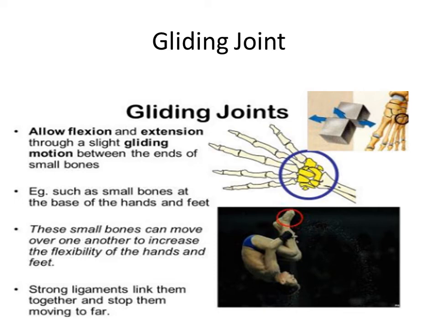These small bones can move over one another to increase the flexibility of the hands and feet. Strong ligaments link them together and stop them from moving too far. And here you have examples, and you can clearly see where there's a yellow color. It's showing you the gliding joints, all right?